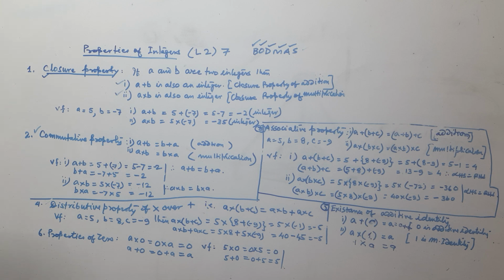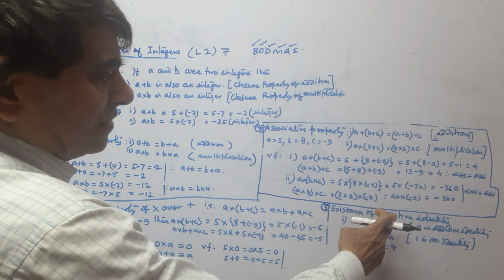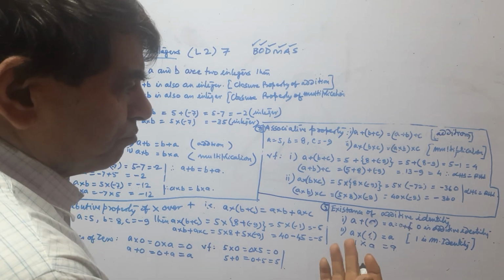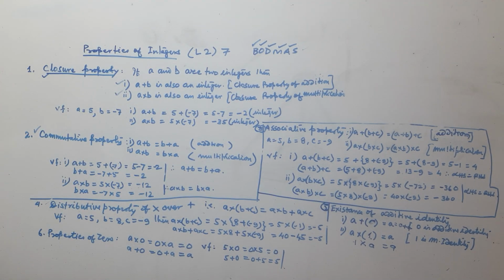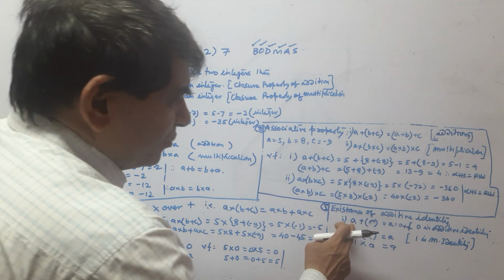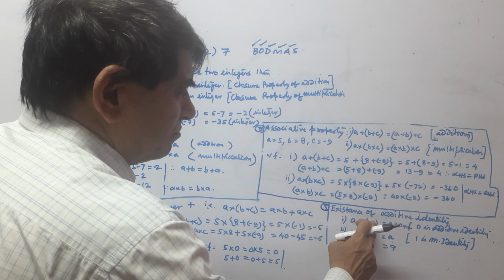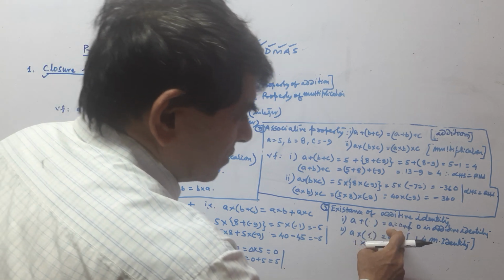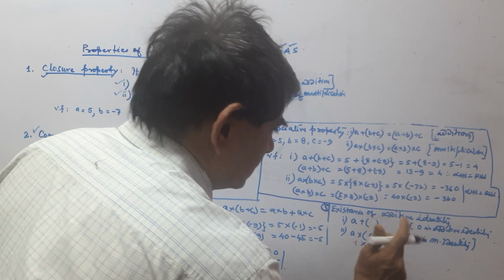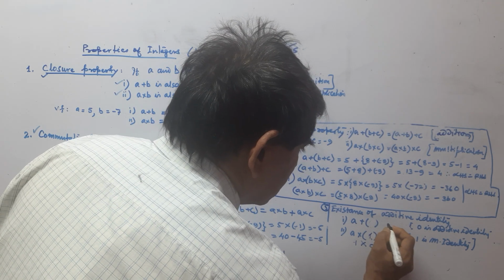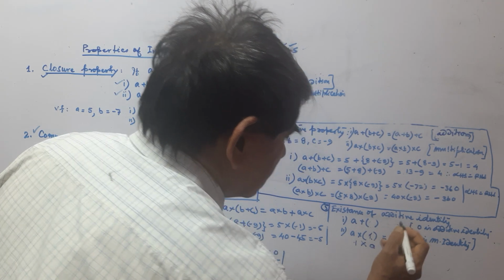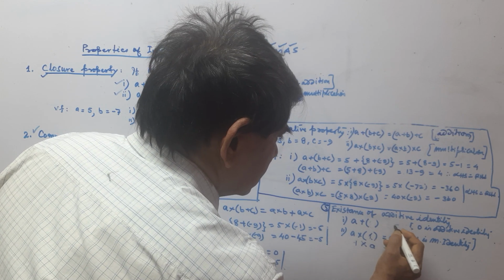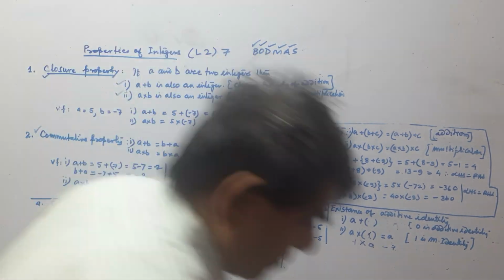Okay. Now see property 5. Existence of additive identity and existence of multiplicative identity. See here. 0 plus what? I am leaving it blank here. 0 plus what is equal to a plus 0, which is equal to a.